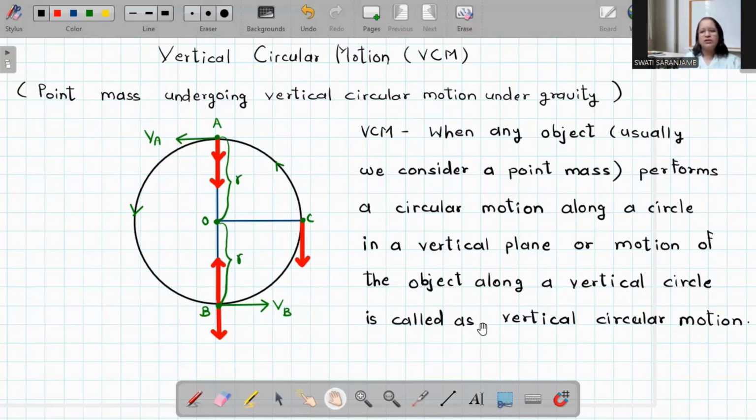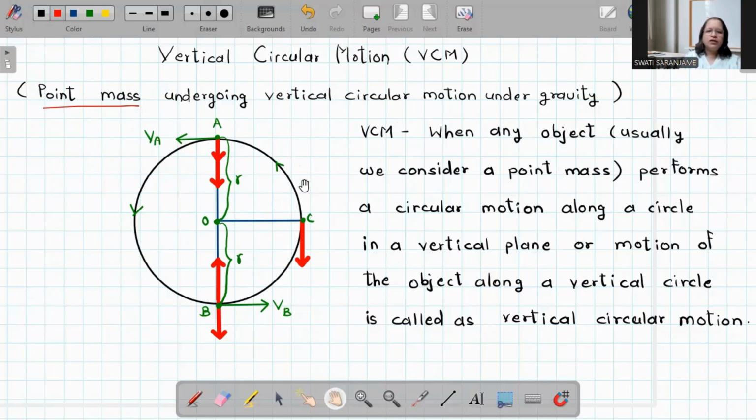That is known as a vertical circular motion, and that object we are considering as a point mass. So here is the discussion about the point mass undergoing a vertical circular motion under gravity.